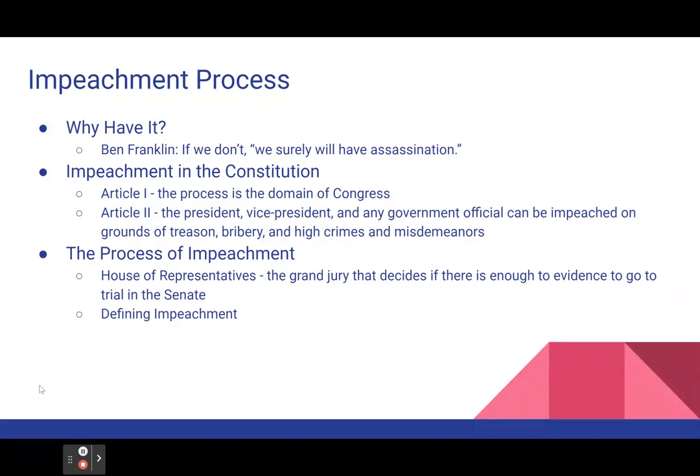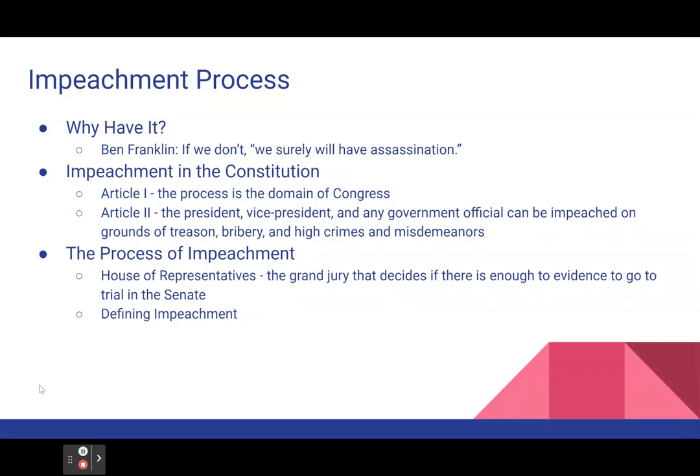Impeachment doesn't necessarily mean that this person has done all of these things or settled it. It just means that they've been sent to trial. And I will say this again, to be impeached is humiliating. It is a scar on your career. It is historically terribly embarrassing.